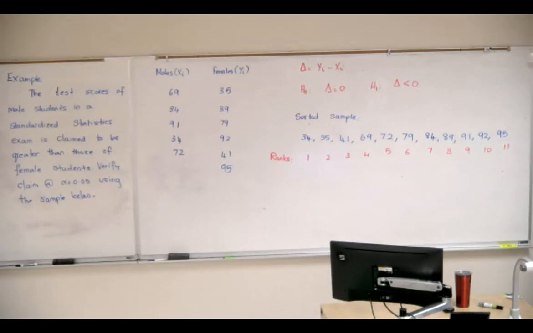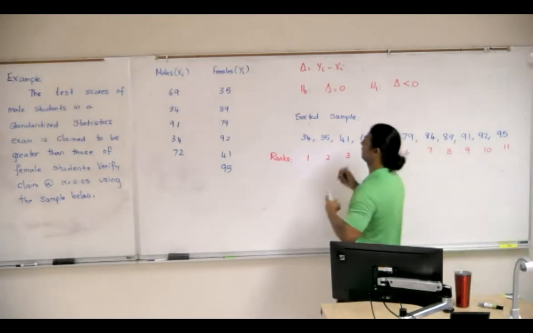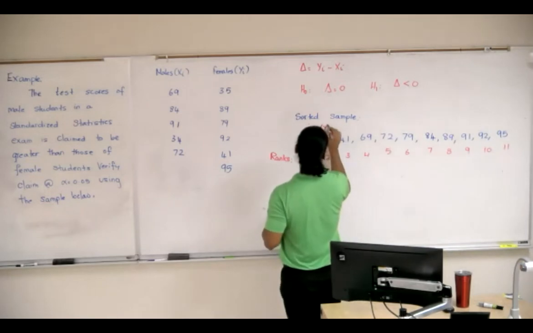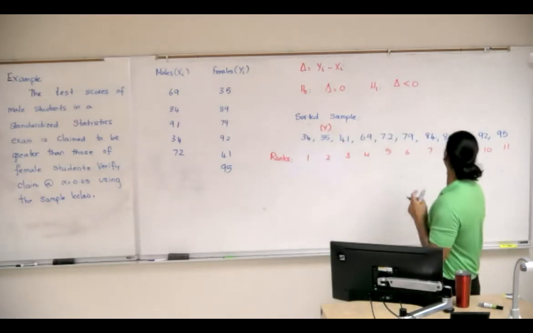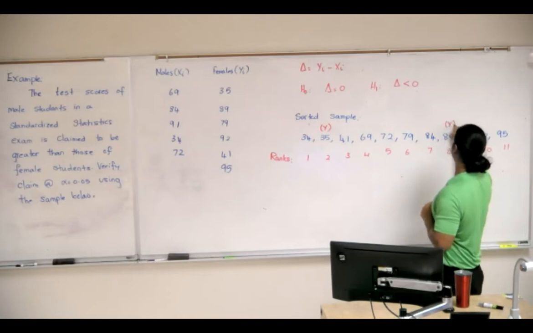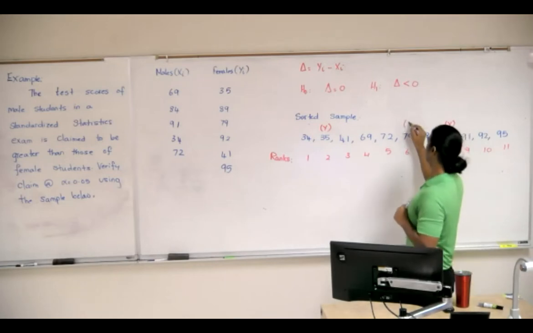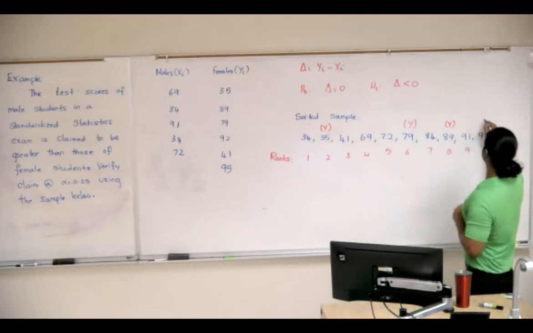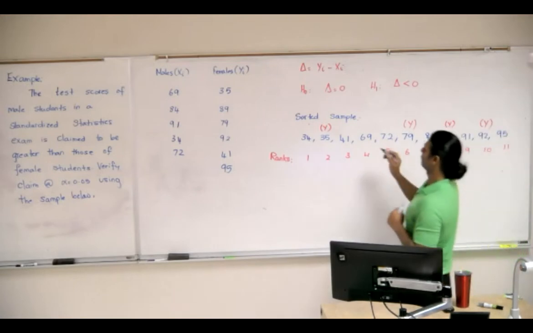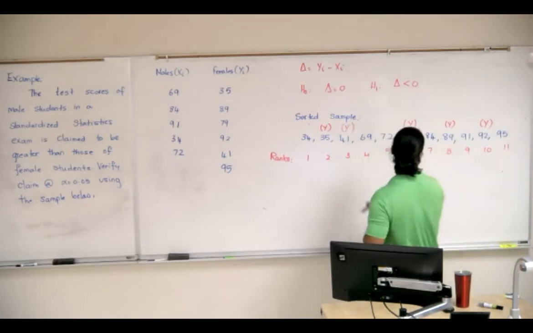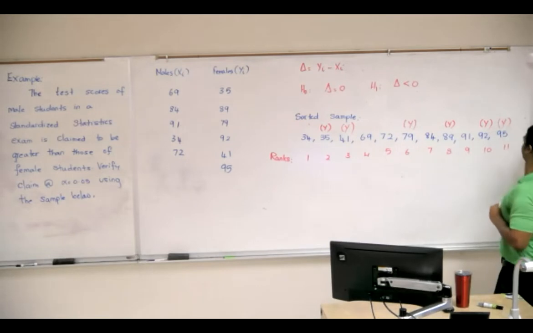Now the key here is we simply want to add the ranks corresponding to y. Well, 35 is y. 89 is, 79 is, 92, 41, 95.